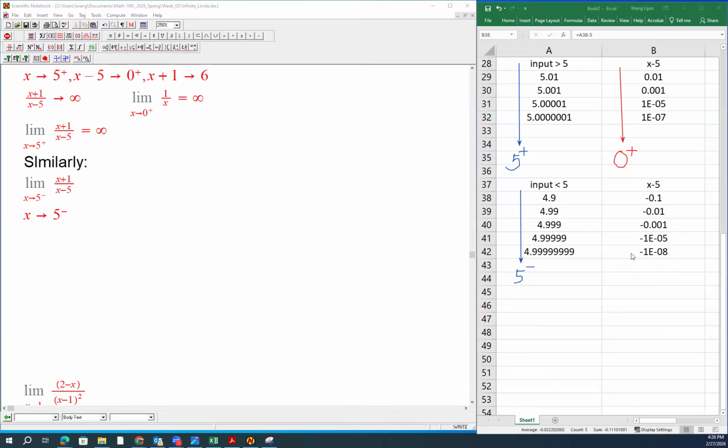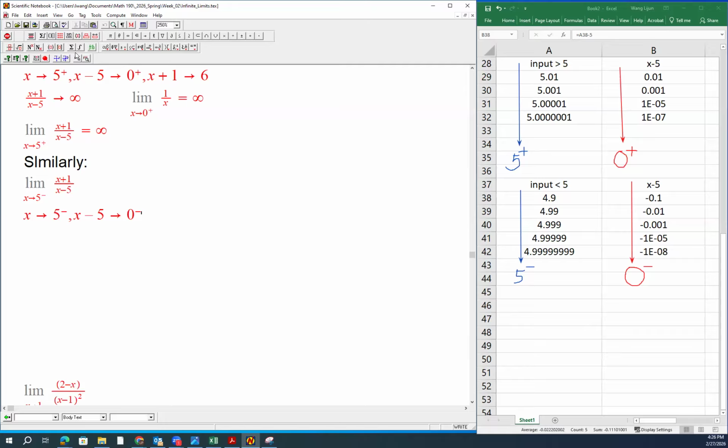And the consequence would be the output. You see the output is getting closer and closer to 0, but smaller than 0. Now describing that process, we say x minus 5 is approaching 0 from smaller than 0.